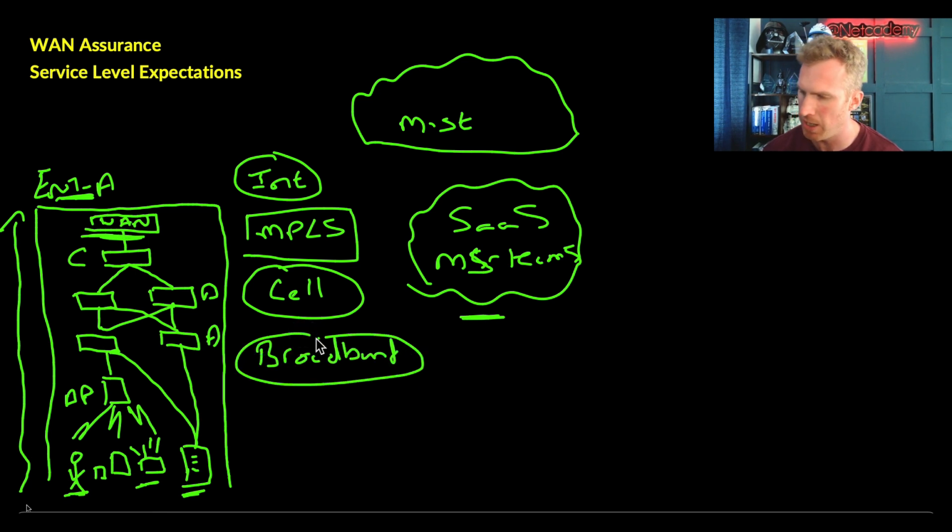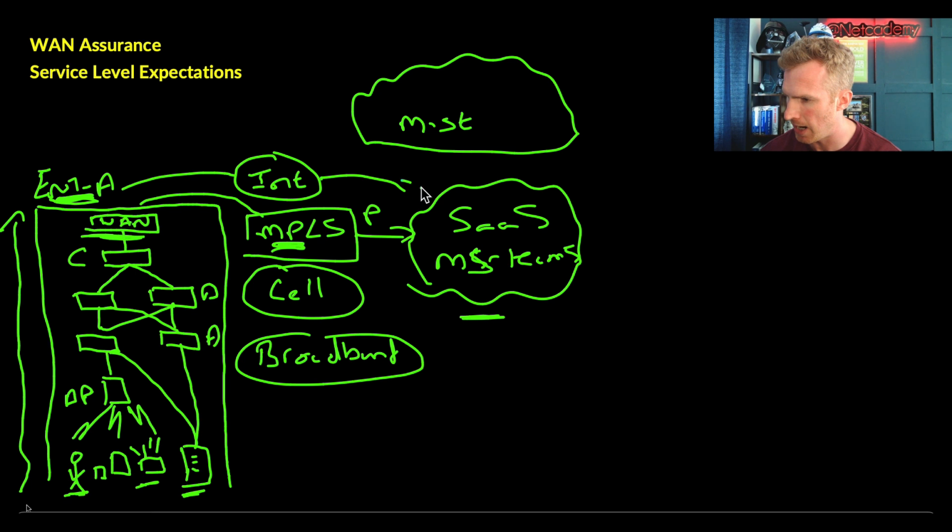Whatever it may be, let's say enterprise A is utilizing both the internet and multi-protocol label switching. Maybe they're using MPLS as primary and the internet as backup. So if this connection goes down or something happens in the MPLS network, then they've always got a backup link here. And that's just generally the beauty of an SD-WAN network.